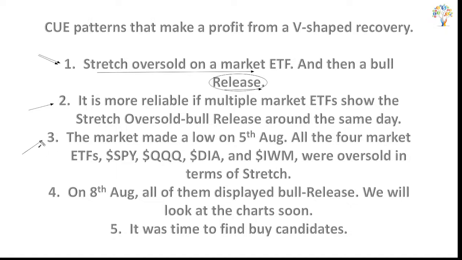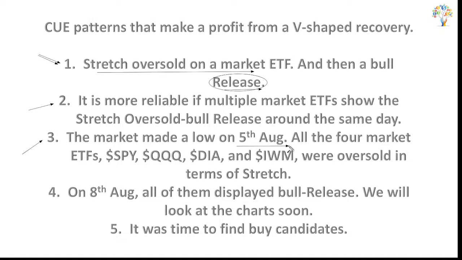Did it happen? The market made a low on 5th August. All 4 market ETFs, SPY, QQQ, DIA and IWM, were oversold in terms of the stretch signal. This signal is available on the Q entry daily chart. So it was oversold on 5th August and it was not yet time to buy.